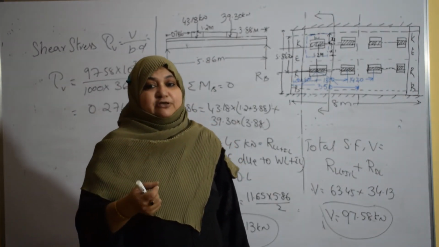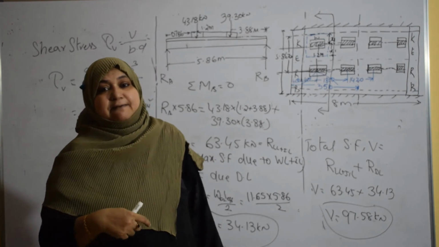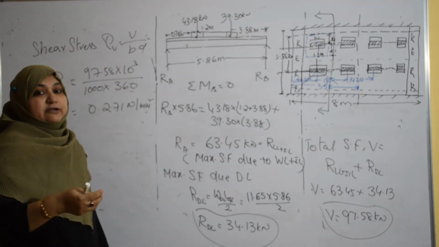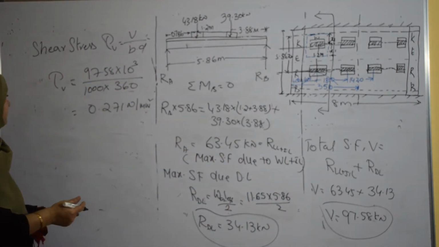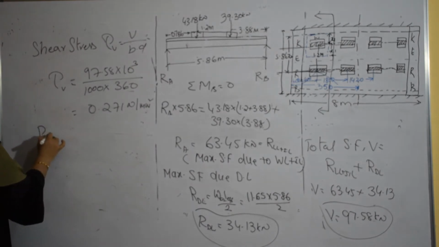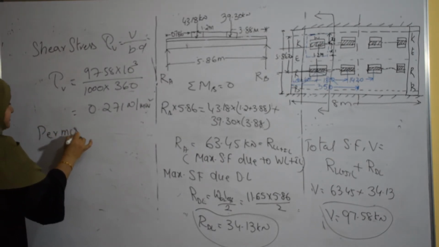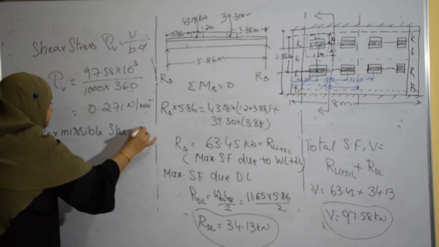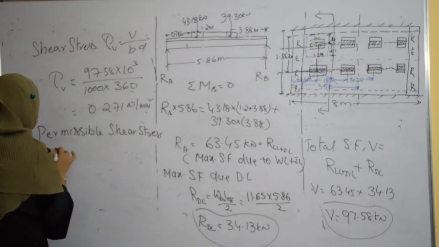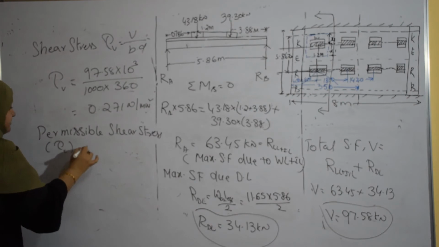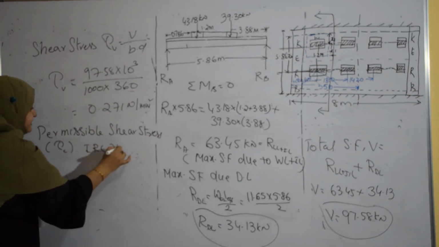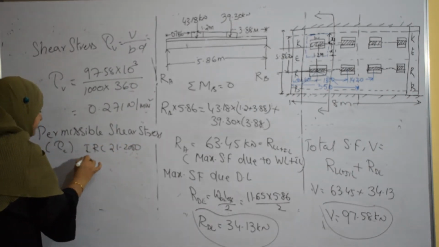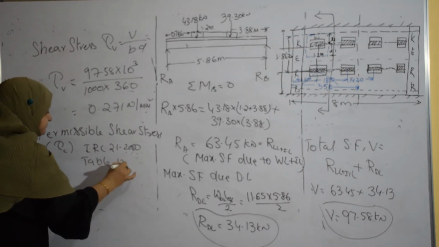Beams may have shear reinforcement, but in slabs shear reinforcement will not be there. So we have to calculate the permissible shear stress, tau C, from IRC 21 2000 table 12B.